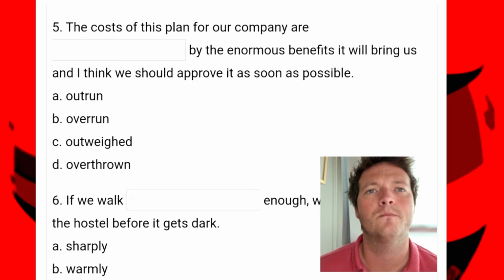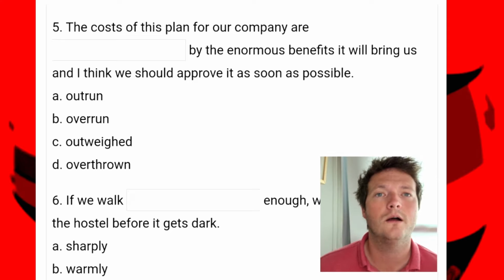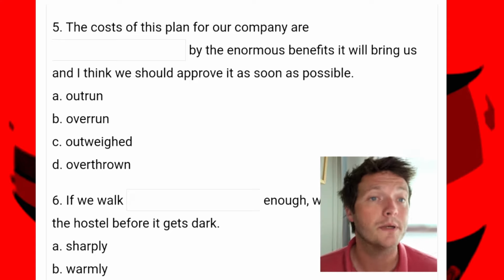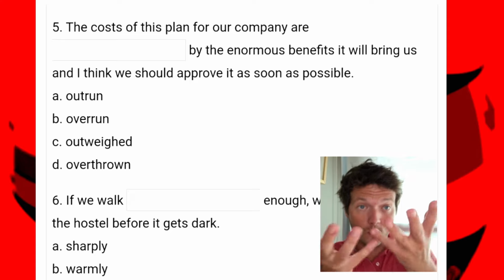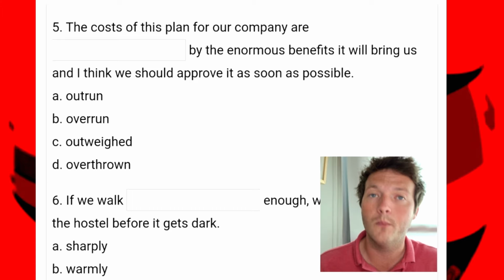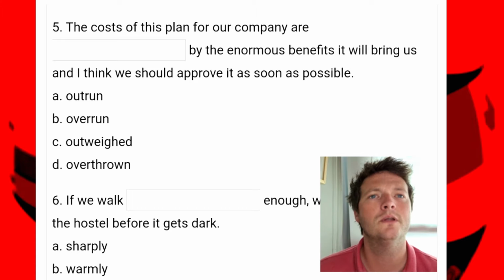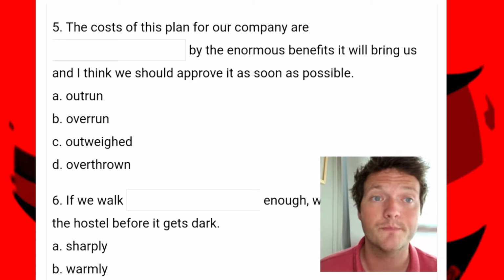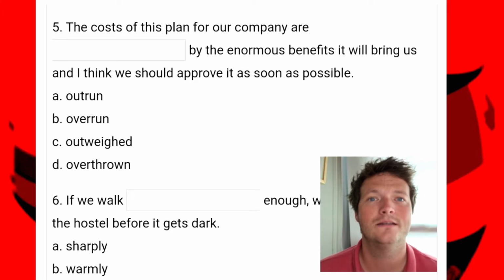Yes, so we're saying the negative aspects are outweighed by the positive aspects, right? So they weigh more, they have more weight, they're more important. Even though there are going to be costs to the company, this plan is going to be expensive, overall the costs are outweighed by the enormous benefits.